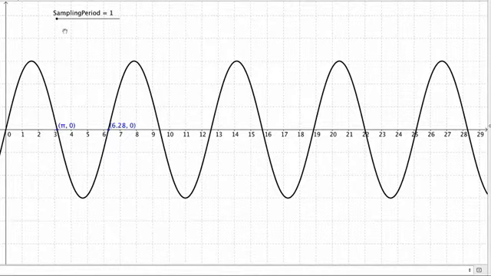So we can talk about the sampling period, how long between samples, or we can talk equivalently of the sampling frequency: how many samples do we take per second. Here I'm just going to talk about sampling period, and I'll start with a sampling period of 1. So we're going to sample 1, 2, 3, 4, 5, 6, 7, right the way along.